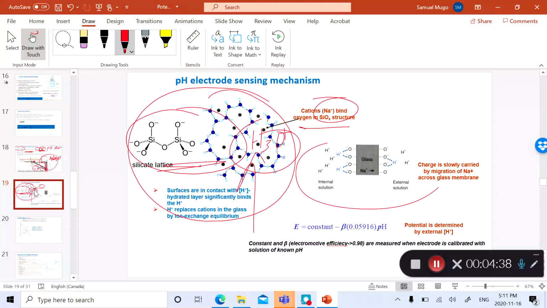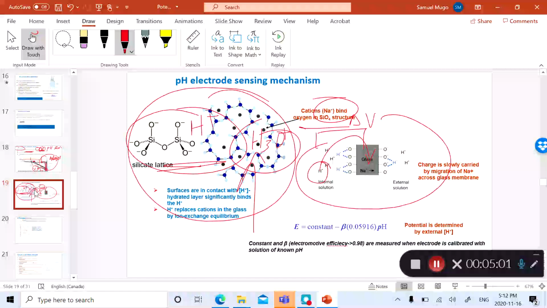As shown in this figure, you've got the hydronium ions being captured by the glass because of this electrostatic interaction in the siloxane crystal, and you get what you refer to as a charge barrier that gives you a signal, not a capacitance, sorry, but a voltage in this case.